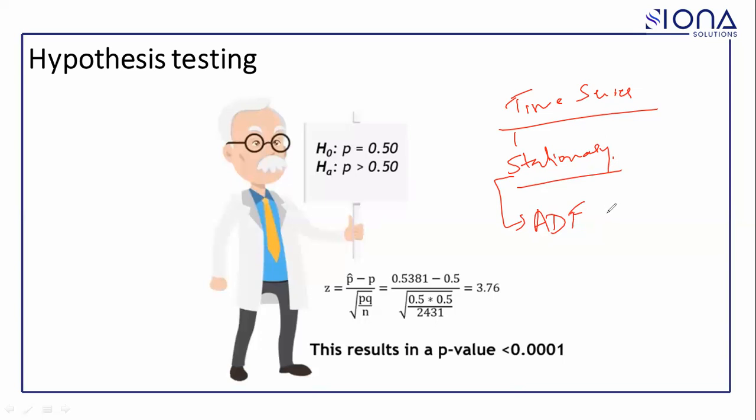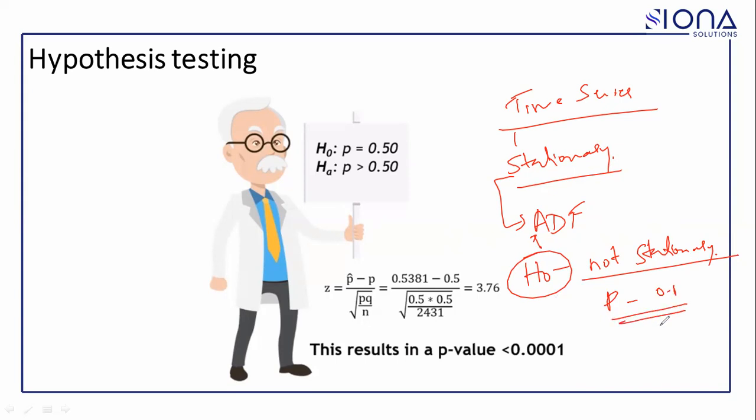By default, your null hypothesis H0 is that the data is not stationary. This is your null hypothesis, and you perform this test. The threshold given for p is 0.1.